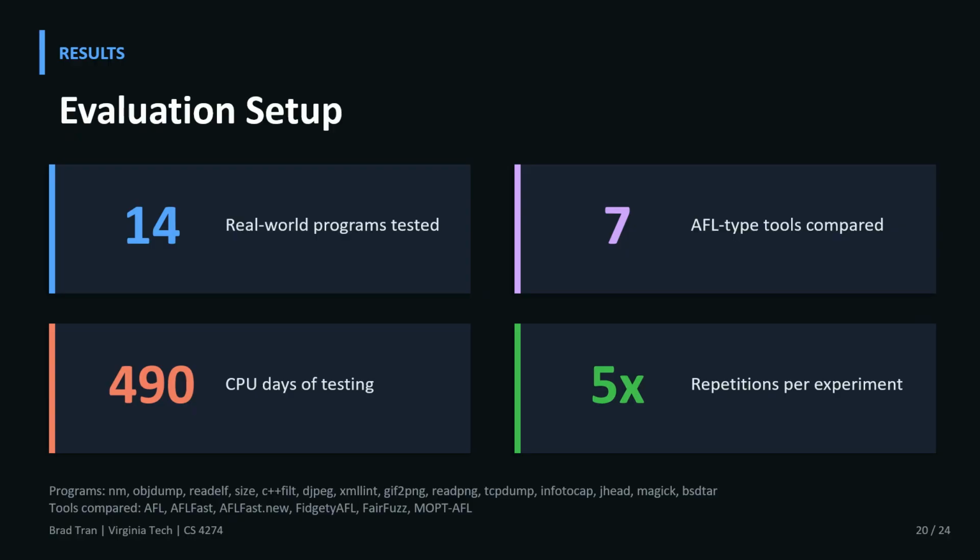Each experiment ran for 24 hours on a single core, repeated 5 times to account for randomness. Total compute, 490 CPU days. The authors also evaluated on the LAVA-M benchmark and extended to IoT device testing.